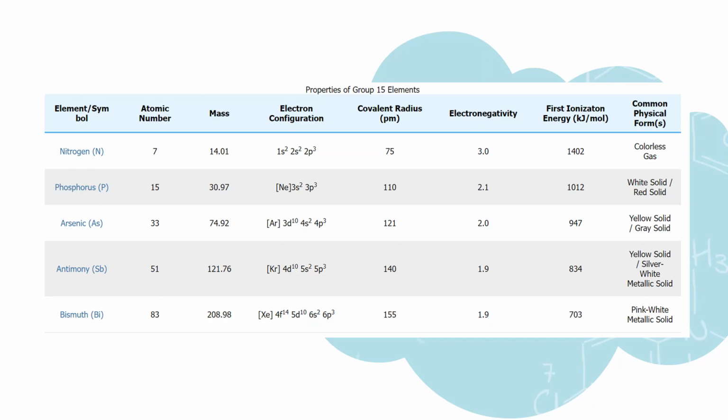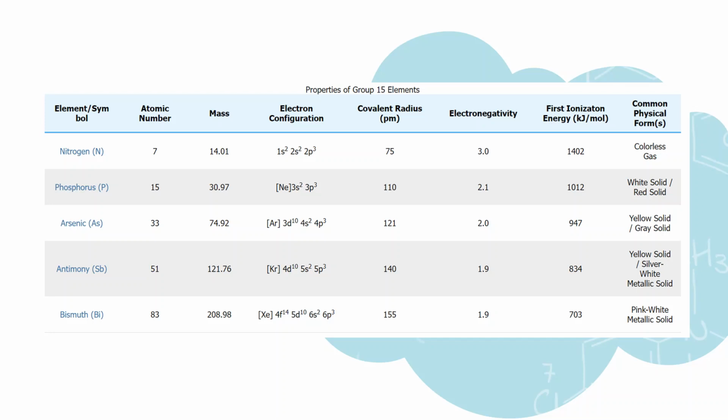The p shell is half-filled as previously mentioned, which gives it a slightly higher first ionization energy than group 16 elements, as it's harder to remove one electron from 3 half-filled orbitals than 2 half-filled orbitals and 1 fully filled orbital.